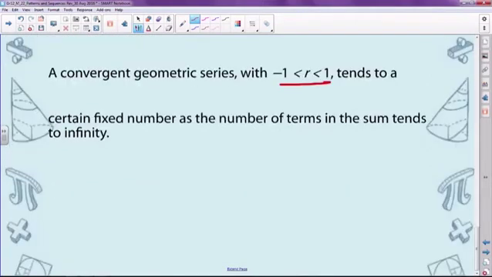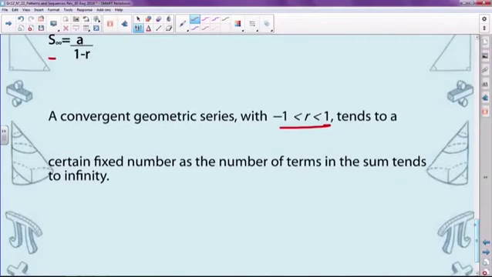All right. So if you have a convergent geometric series with a ratio in that interval, the series will tend to a certain fixed number as the number of terms tends to infinity. That is why we always need to check that our ratio falls into the right interval before using the sum to infinity.